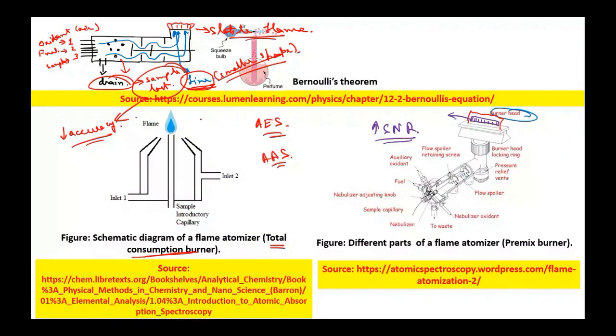In emission spectroscopy, you will just need a detector, whereas in atomic absorption spectroscopy, you will have the source on one side and the detector on the other side. This is the difference between AES and AAS, and all the other stuff remains the same. In atomic fluorescence spectroscopy, the source would be at a 90-degree angle.